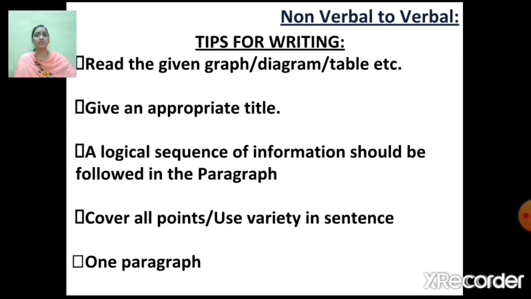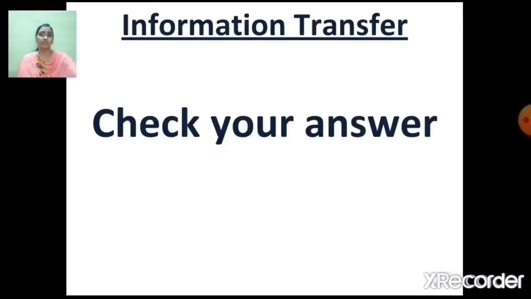The first two sentences will summarize the main idea of the paragraph. Then in the paragraph, you will cover all the points, use variety in sentences, and write in only one paragraph, right?